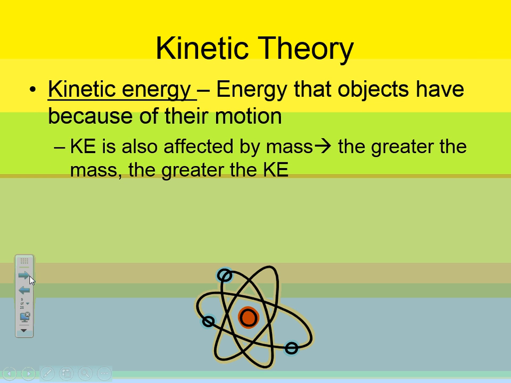Anything that's moving has energy, and that's kinetic energy. Kinetic means really moving. If you are moving, you have kinetic energy. If you're standing still, you have no kinetic energy. So kinetic really means moving. Kinetic's a real fancy word that just means moving.